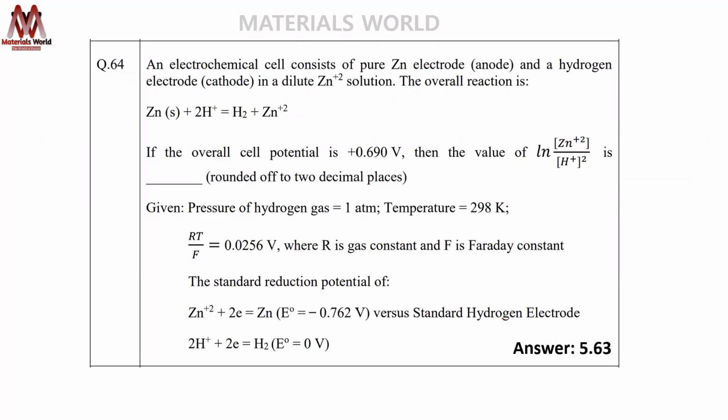Okay, so let's see what is given. It is given that zinc is solid and hydrogen is reducing to oxidize zinc. This is a redox reaction.